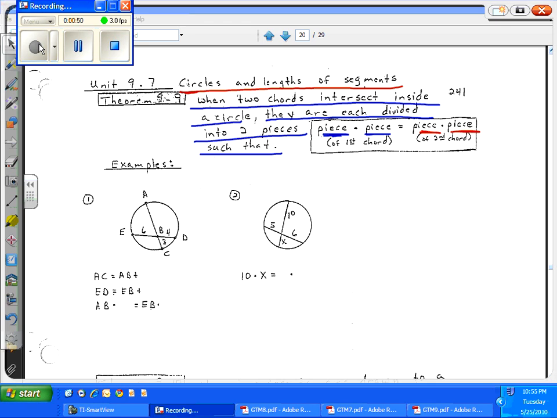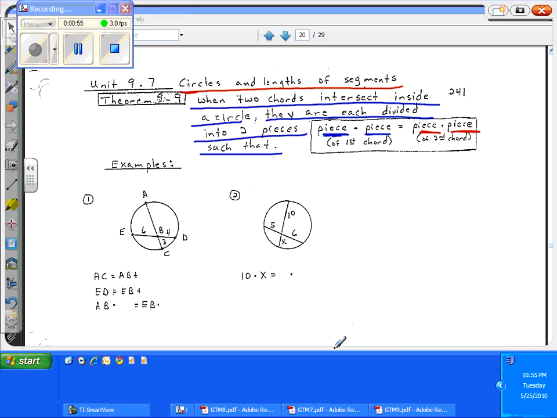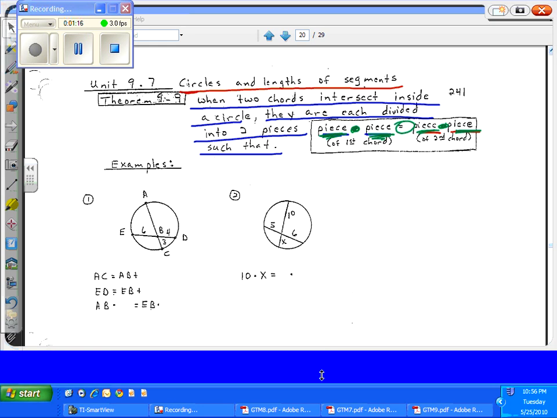Now here's what it says if you say it fancy. If two chords intersect inside of a circle, then the product of the segments of one chord is equal to the product of the segments of the other.